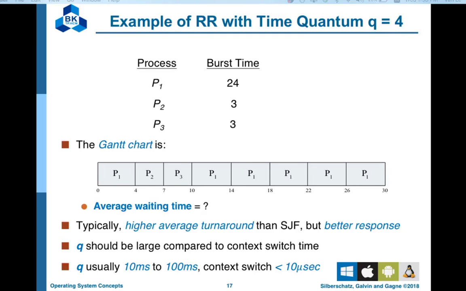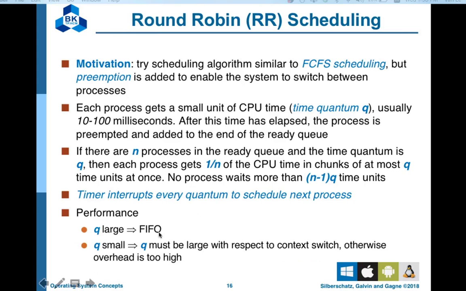We have two notes here. If the quantum time is large, the round robin will become FIFO scheduling. If the quantum time is small, it will cause a large number of context switches, and this will increase the overhead of the system.